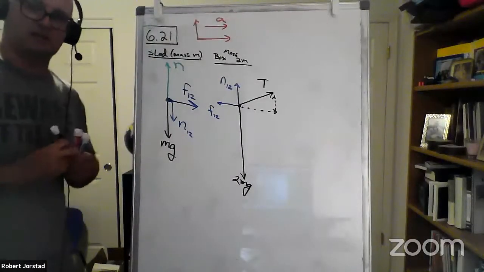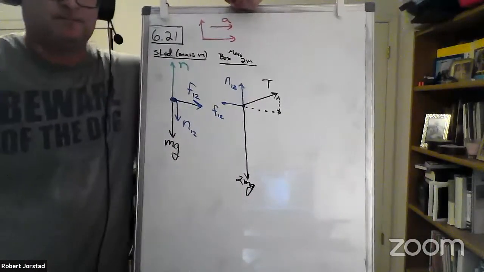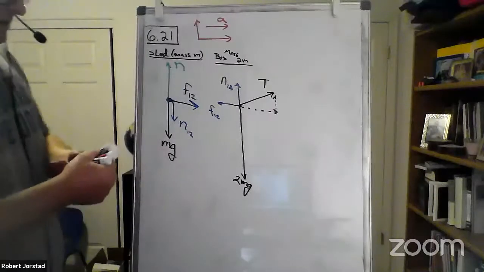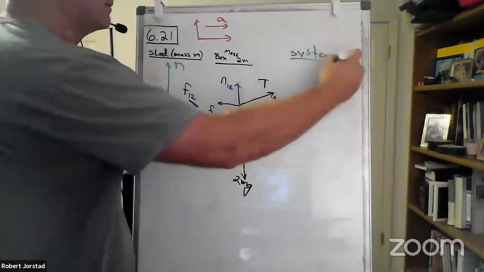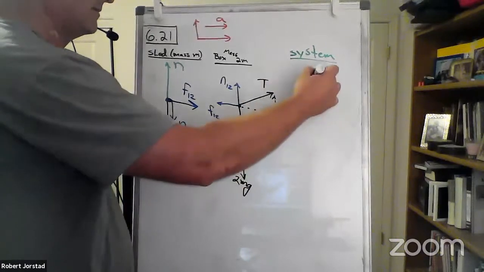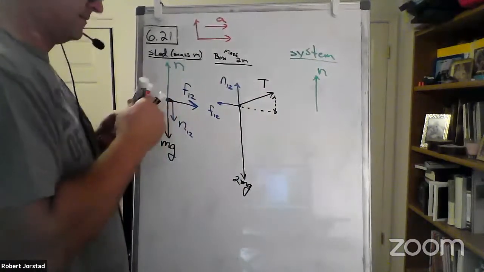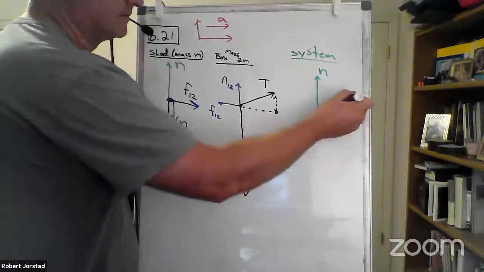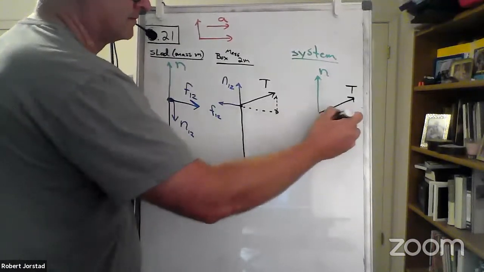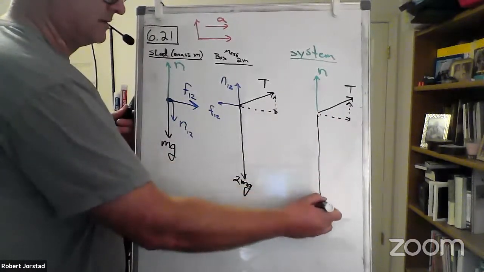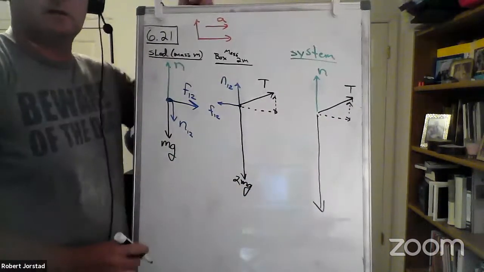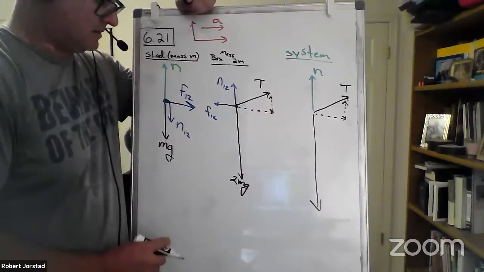Okay. Is it legal to do a system FBD in this case? Yep, the normal force and friction will block out. So then that's going to look like... what would be down? 3mg.